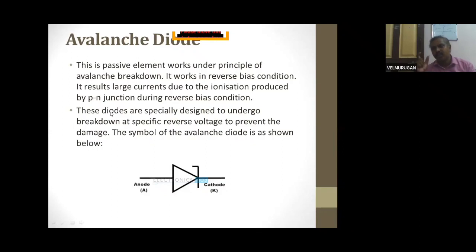Avalanche breakdown means that in reverse bias, after crossing a limited voltage, the system automatically breaks down. A particular diode will be damaged or stopped. This breakdown is overcome by using the avalanche diode, which prevents damage at the specific reverse voltage.